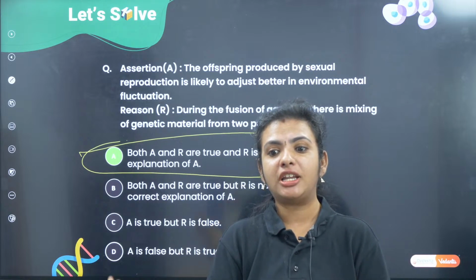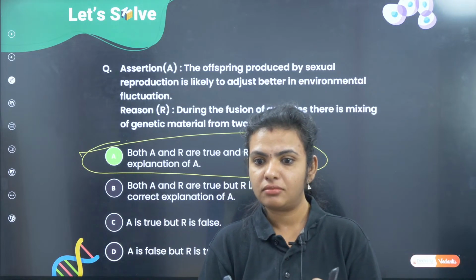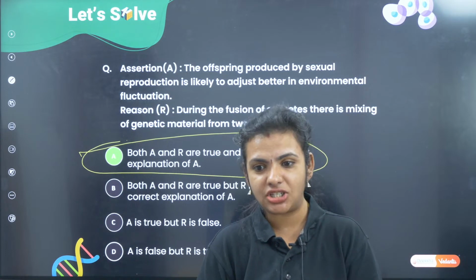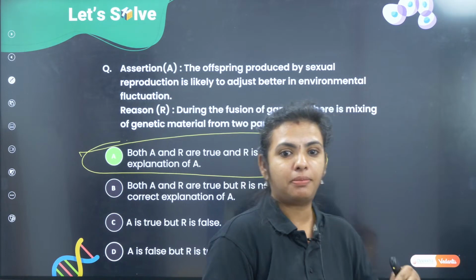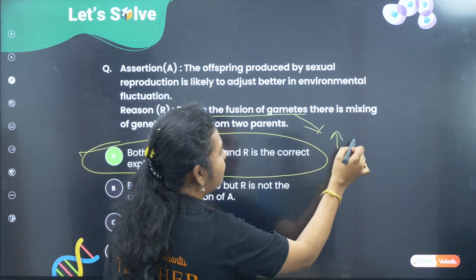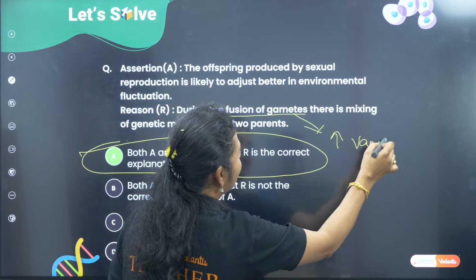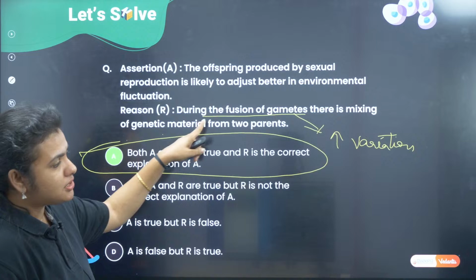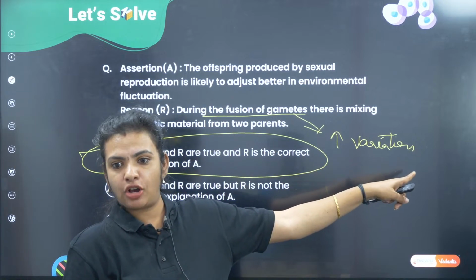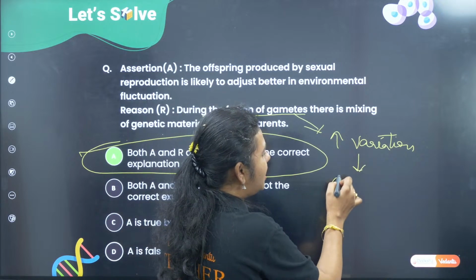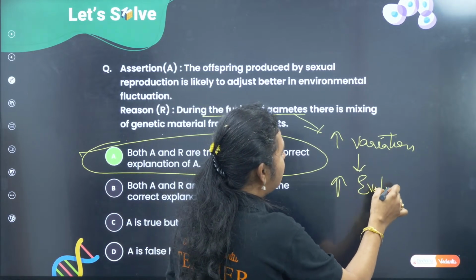Okay. So since you are getting half-half, there is variation. Variation is not mentioned, but fusion of gametes is going to result in variation. Correct. We have the fusion of gametes. So when there is mixing, it is the other way of saying that there is variation. When there is variation, there is evolution.